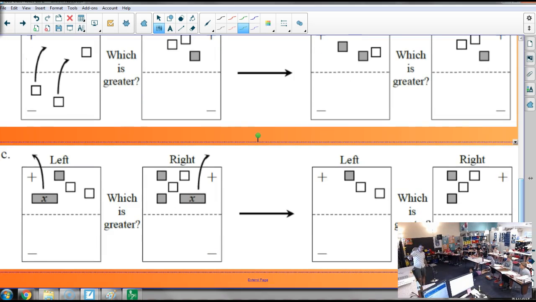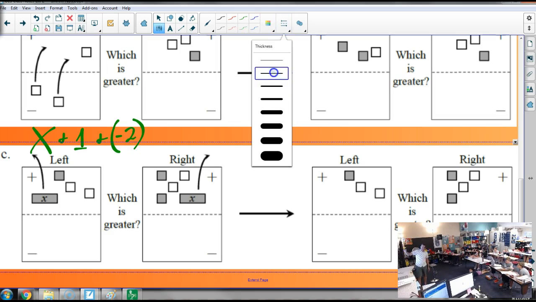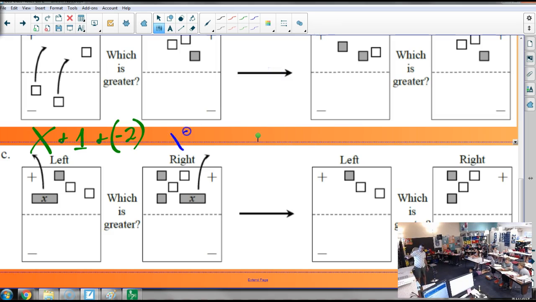C starts with x plus 1 plus negative 2. I can simplify it, right? On the left side. The right side, x plus 2 plus negative 2.